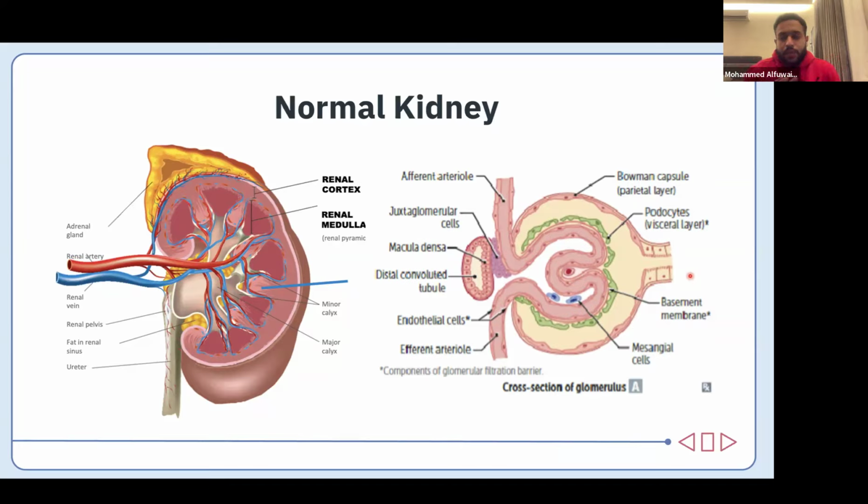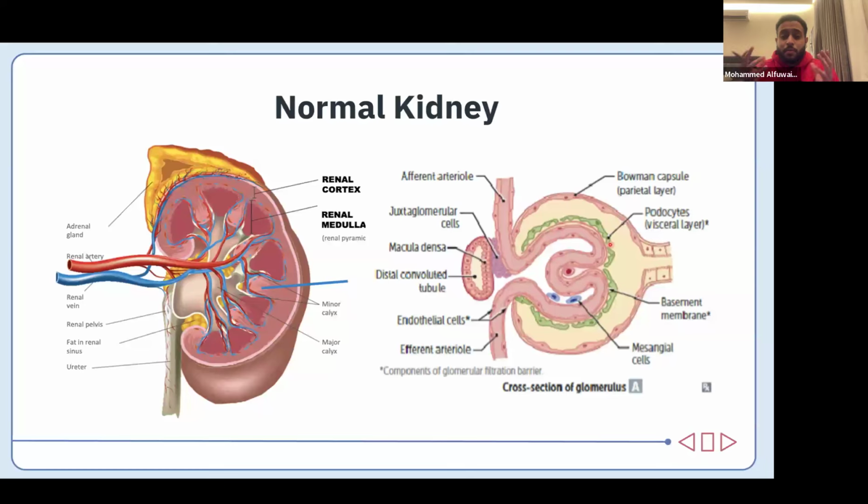Now, we have a lot of diseases that will affect this function specifically. It's either we have inflammation that will target this barrier and will cause blood to go into the tubular system, or we have a defect of the barrier itself, some deposition happening there, or any disruption to the charges of this barrier.